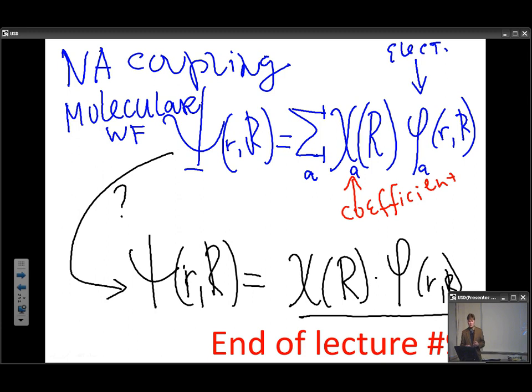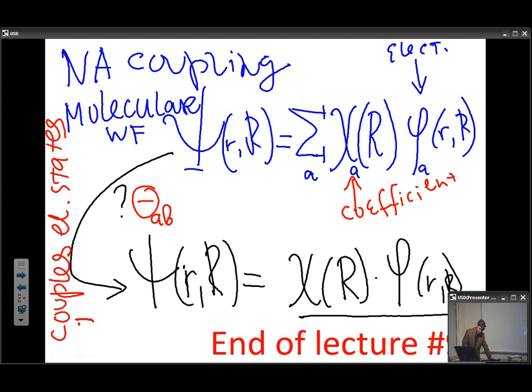And it is possible when the so-called non-adiabatic coupling is negligible. So there is an equation for this non-adiabatic coupling that connects two electronic states and makes them coupled through nuclear motion. Maybe let me write it down. It couples electronic states through nuclear motion.